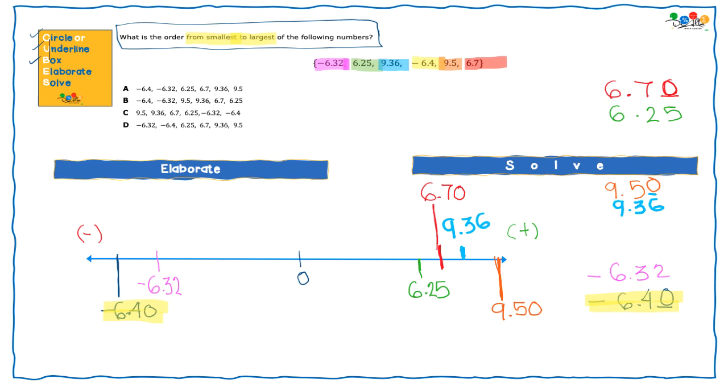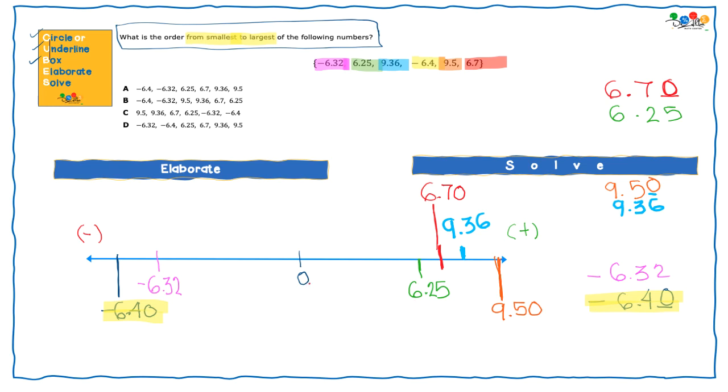Now I'm going to identify my smallest number. Let me ask you this: if I compare 9.36 and 9.50, which is bigger? Yes, 9.50 is more towards the right. Now if I compare 6.70 and 9.36, which is bigger? Yes, 9.36. If I compare 0 and 6.25, which is smaller? The 0, of course.